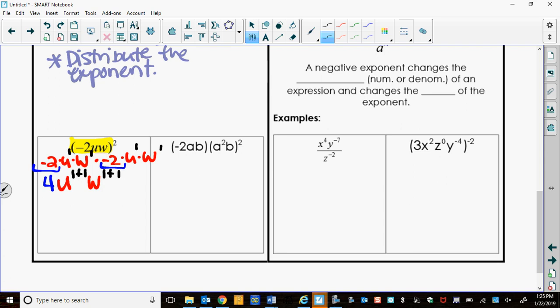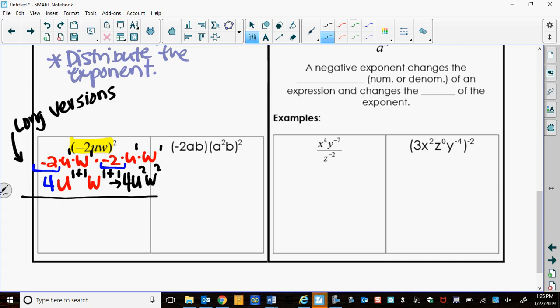And my simplified expression is going to be 4 times u to the second times w to the second. So that's really my final answer right there. So that was a long version. If we didn't have the exponent rules, this is what technically we would do, but with larger numbers, that's going to cause a little bit of a headache. So I just want you to see where that's coming from.